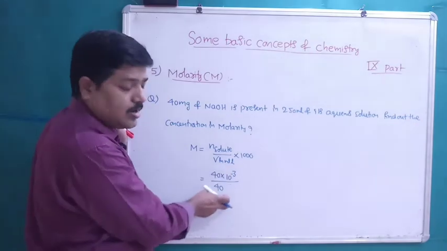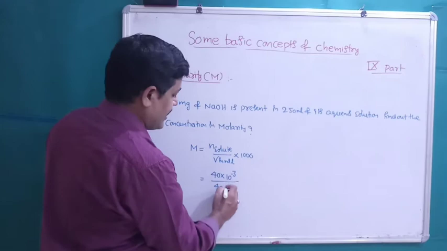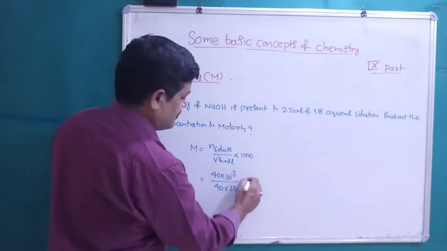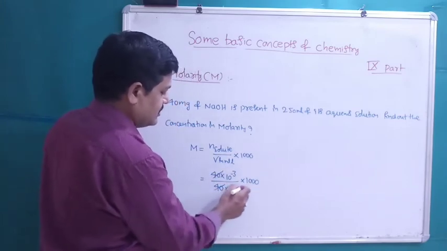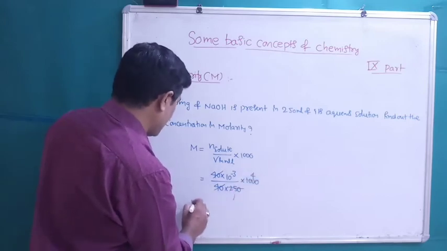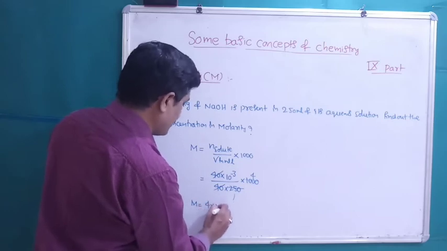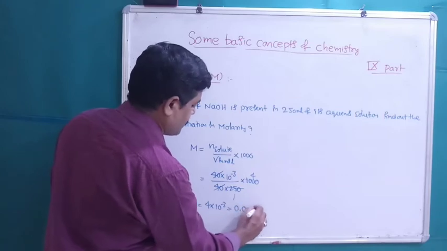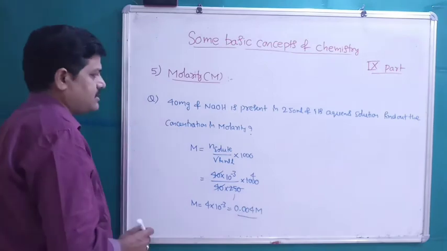Weight divided by molecular weight gives the number of moles of the solute. Volume of the solution is 250 ml, multiplied by 1000. Let us simplify this. 40 gets cancelled. 250 ones are 250, 4s are 4. So finally the molarity we get is 4 into 10 power minus 3, or it is equal to 0.004 molar.